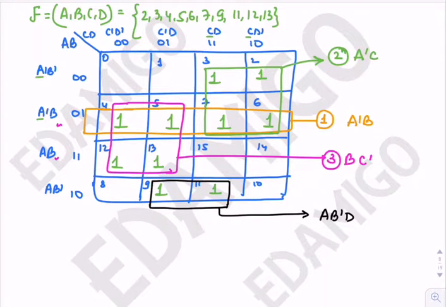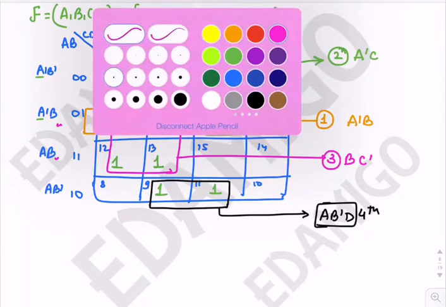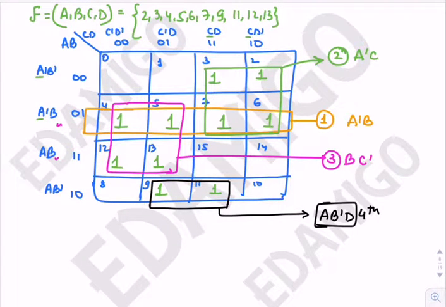Thus we can see that there are four prime implicants. Now if we want to find the essential ones, we have to see the minterms which are exclusively covered by a particular square.